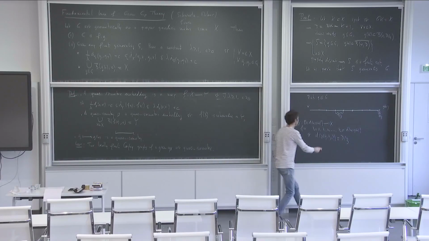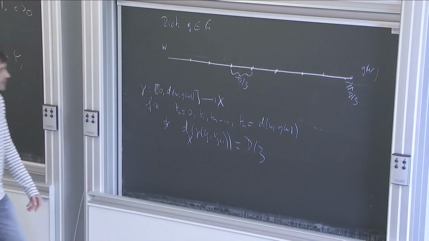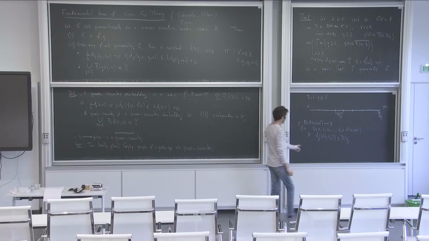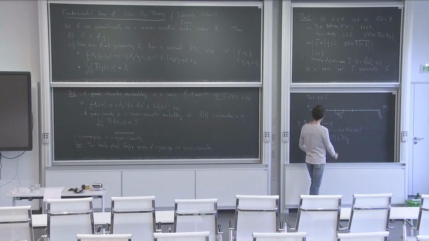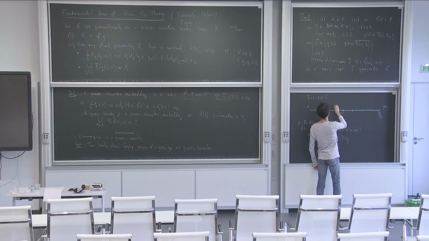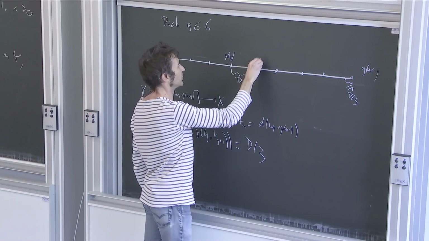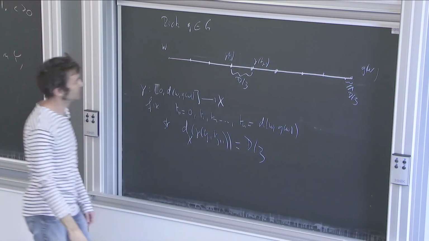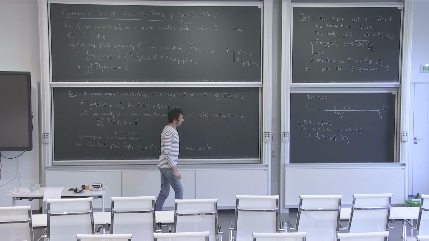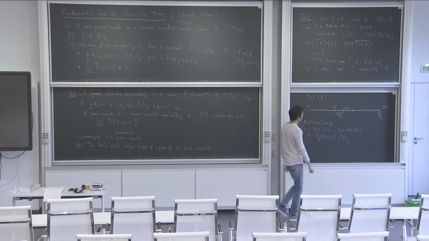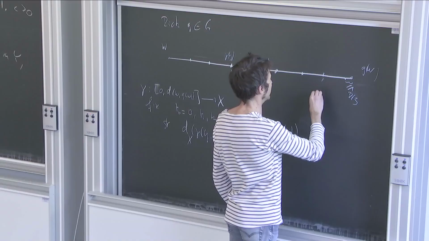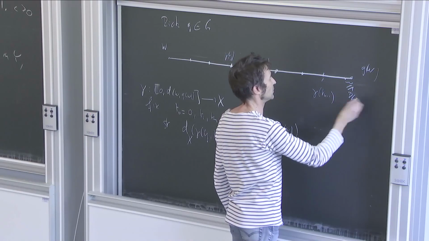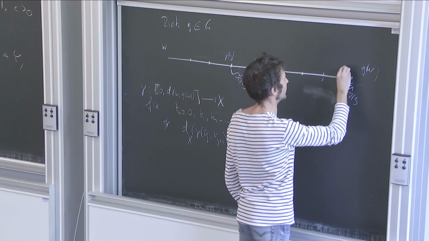Okay? So this is the distance in my space X. Okay, so far so good. So here I have, for instance, gamma of Tj. Here I have gamma of Tj plus 1. And so this is gamma of Tn minus 1. No, it's not here, it's there.